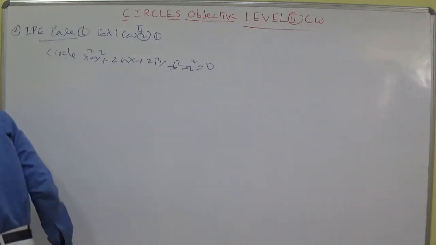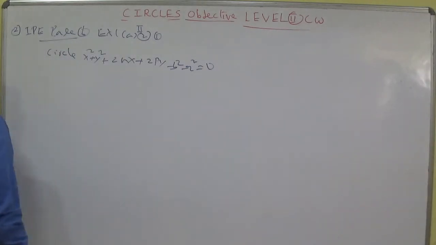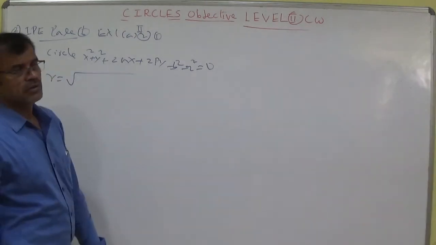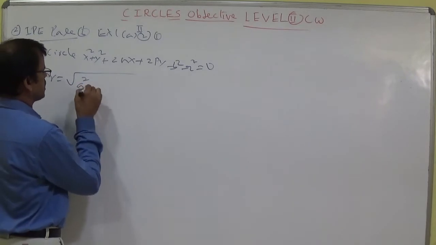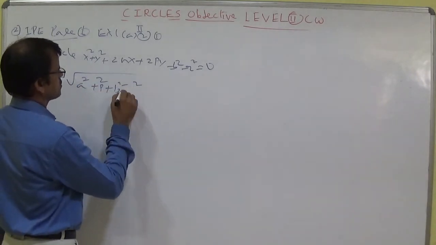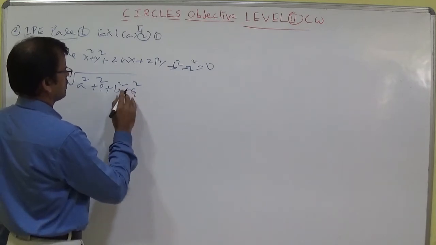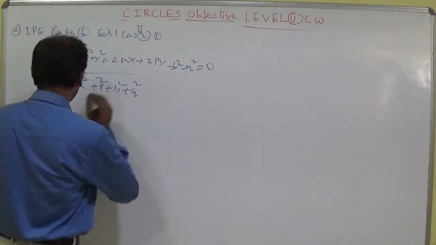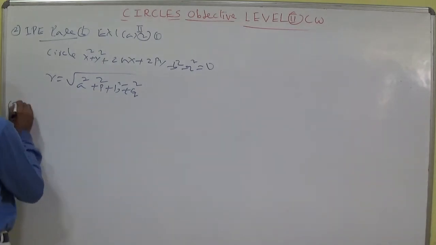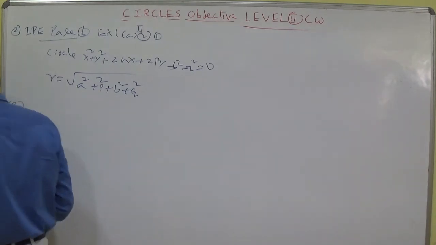He is asking the radius of the circle with AB as diameter. Radius r is equal to root of g square plus f square minus c, so a square plus b square plus p square plus q square. It is the first option. Now let us discuss the third sum.